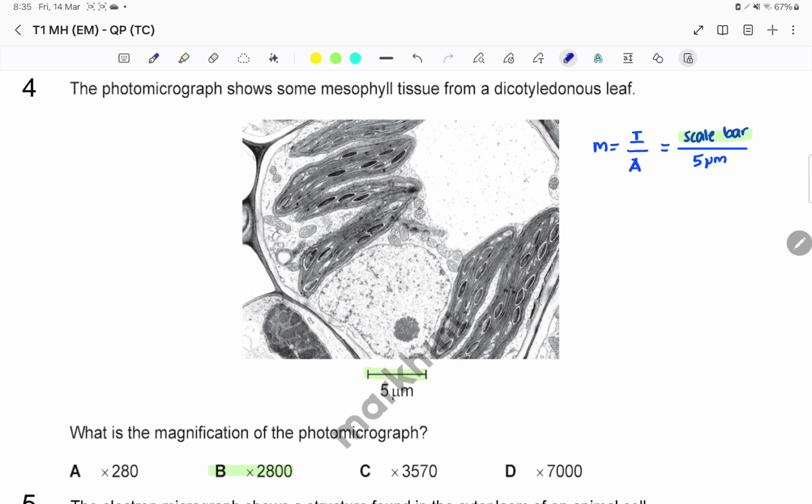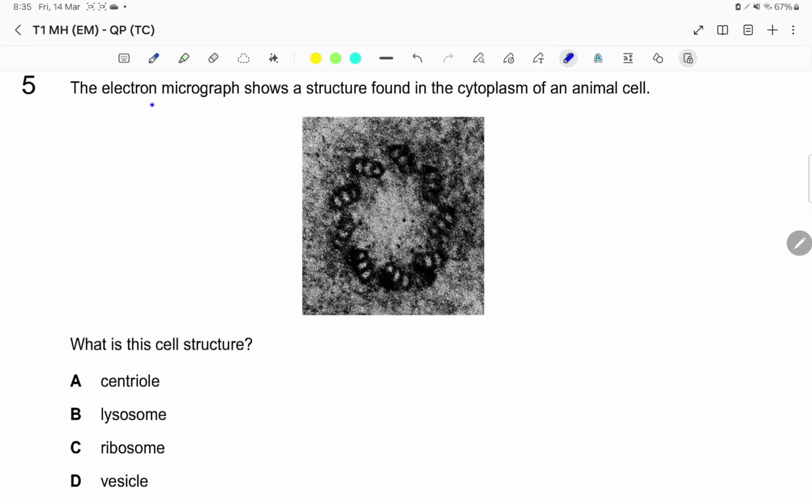Okay, the next question is, the electron micrograph shows a structure that is found in the cytoplasm of an animal cell. Now, this image shows a characteristic feature of the structure. I hope everybody should be able to recognize that this is a centriole. How do we know? Because a centriole contains not 1, not 2, but 9.